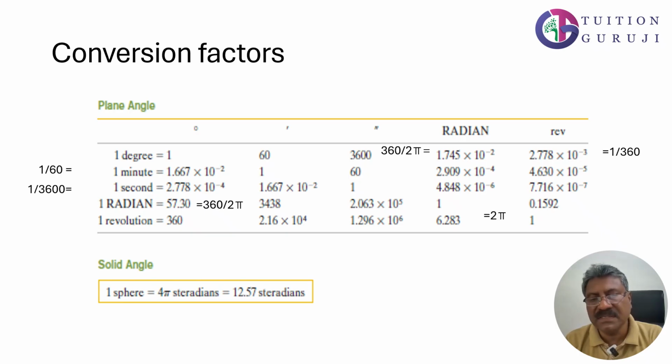The reason is that at the center of the circle the angle subtended is 360 degrees, which is equivalent to 2 pi radian. Therefore 2 pi radian is 360 degrees, so 1 radian is 360 by 2 pi degrees. Now 1 minute is equal to 1 by 60th of a degree, and 1 second is equal to 1 by 3600 of a degree.